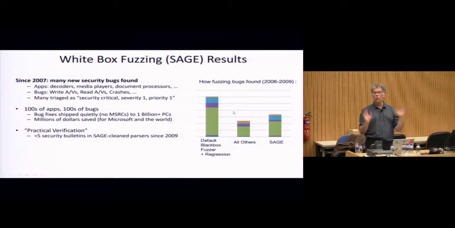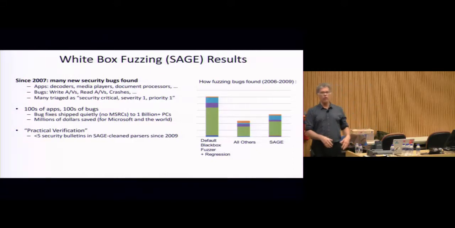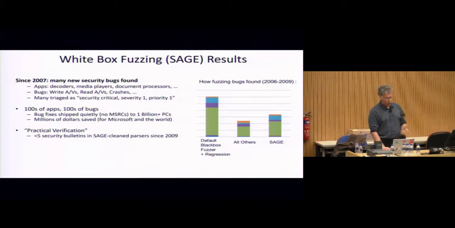And after those two techniques, which are the basic techniques, have been done, then this Sage came in, and it found basically a third of all total bugs. So that's pretty good. After all the other fuzzing tools and all the other techniques have been tried, this notion of white box fuzzing came in and found hundreds of more bugs, and some of these could have led to things like zero day.